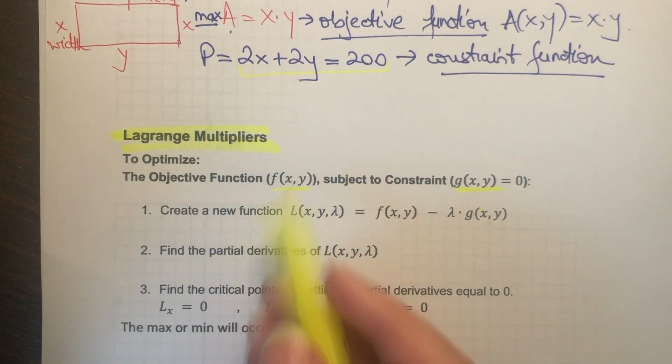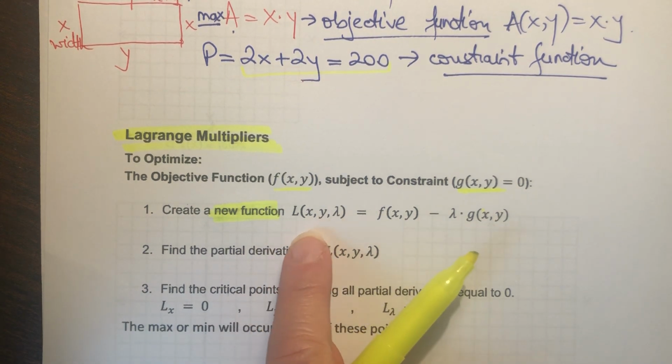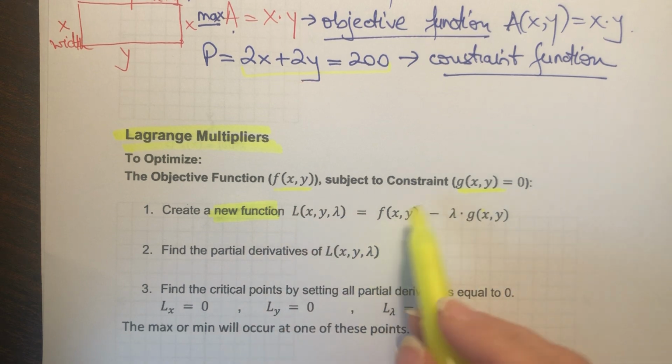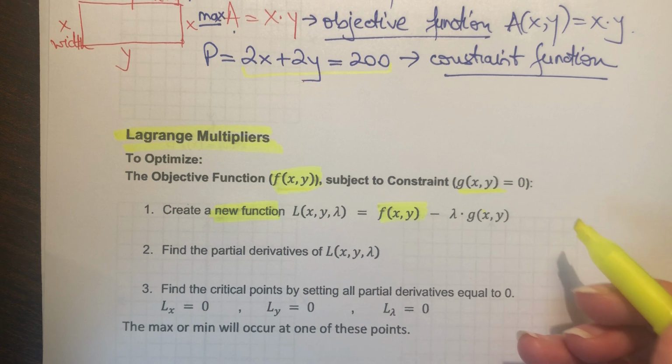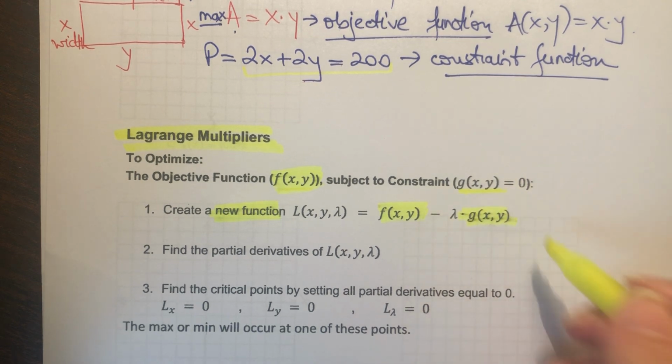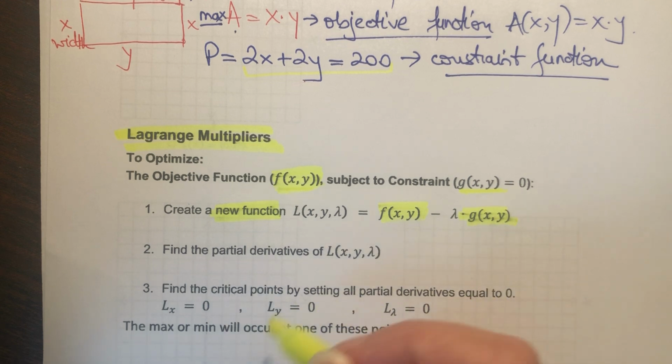What we're going to do is create a new function. We call it L for Lagrange, right? And as you see, it involves this same function f of x, your objective function, minus lambda times this constraint function, okay? So it looks more complicated.